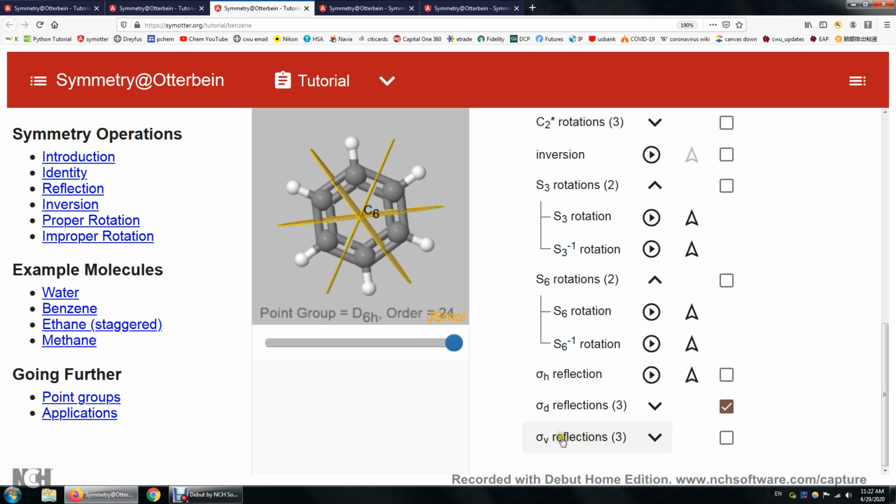Sigma V's also contain the principal axis, but what's the difference between sigma D and sigma V? You're going to see this sigma V's are containing the carbon and hydrogen atoms. So you have a total of 6 symmetry planes that contain the principal axis.